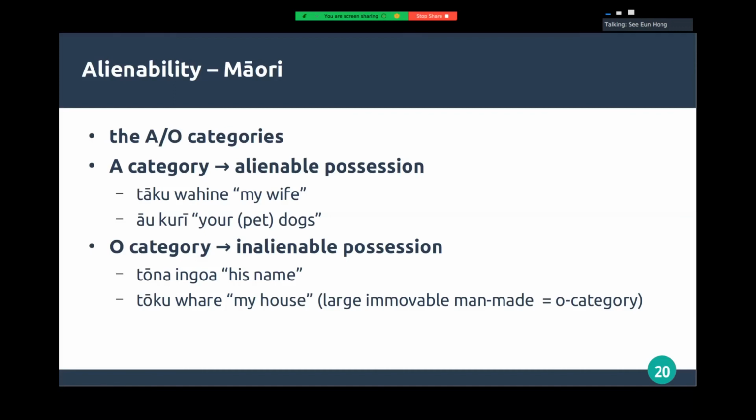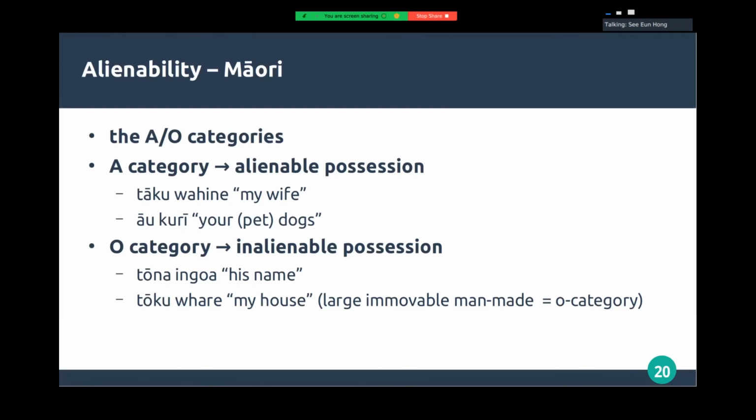Also, when you say your dogs, and they are pets, you would say au guri. And here you see that the plural is not represented in the noun itself, the guri itself, but it's actually represented by the lack of the initial T in the possessive pronoun. And since this is an alienable possession, this means that the dogs that I'm referring to are pets.